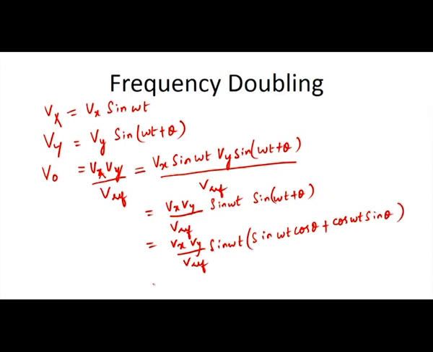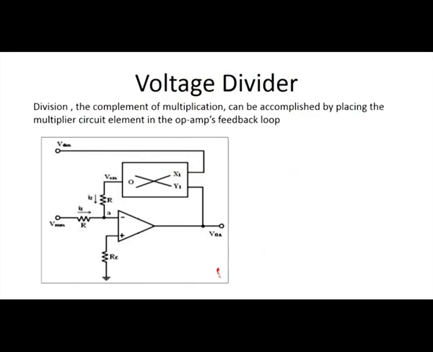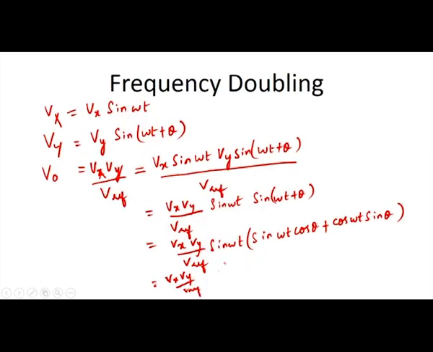Now you multiply the sin omega t with the terms. So, you will get sin square omega t cos theta plus sin omega t cos omega t sin theta, if you multiply the sin omega t inside these two terms.